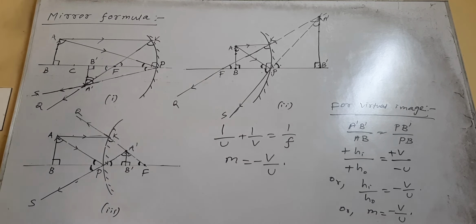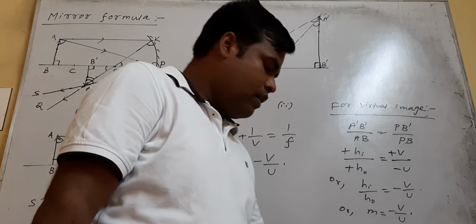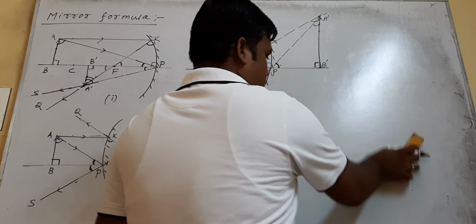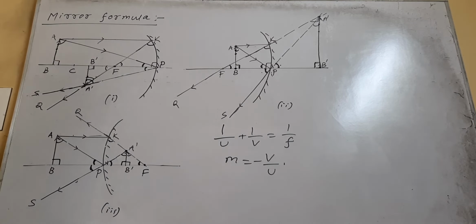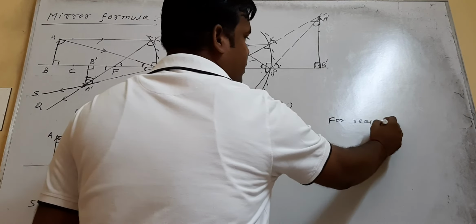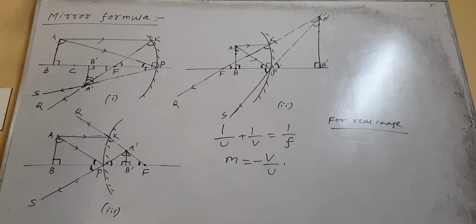That is m is equal to minus v by u. What is the sign of magnification in case of a real image?